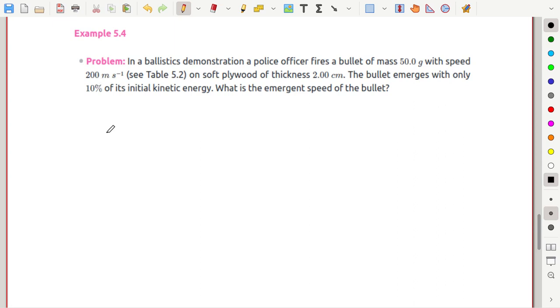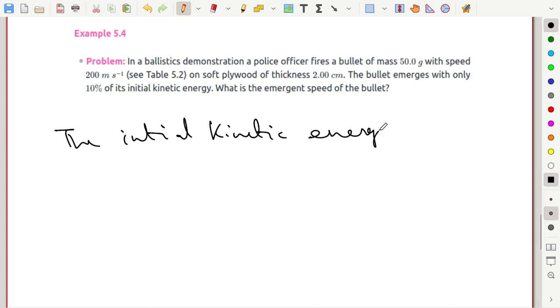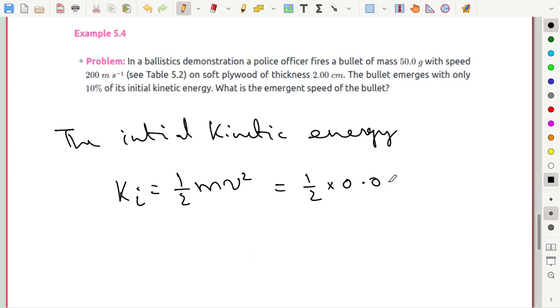They are asking us to find the emergent speed of the bullet after it passes through the soft plywood. So we have to find the initial kinetic energy. The initial kinetic energy K_i is nothing but half m v squared, which is equal to half of 50 grams, which is 0.05 kilogram, and the velocity is in SI units, therefore no problem.